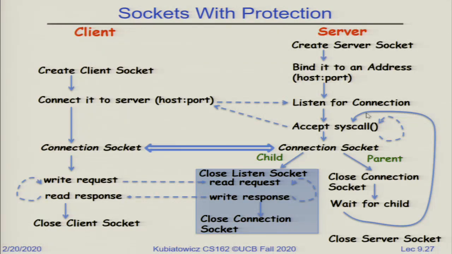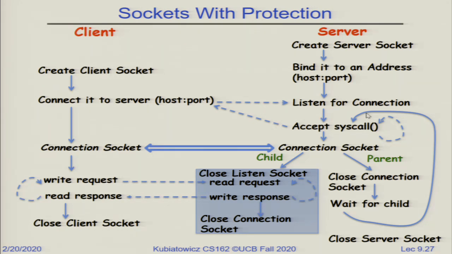So I've isolated the server processing in a separate process, like a sandbox. The parent waits, and when that sandbox is closed, I'm done. This doesn't solve having multiple requests going on at once, but it does isolate things in a separate process as a way of protection, for instance.